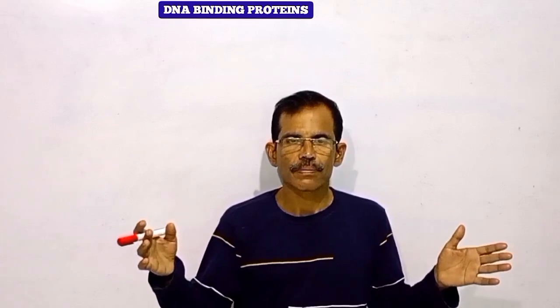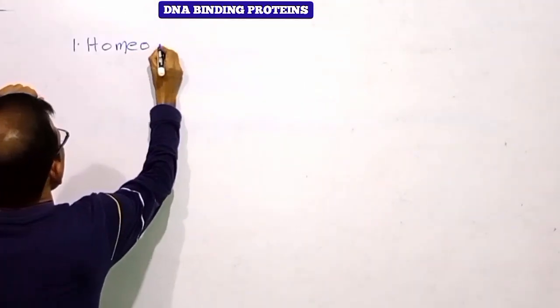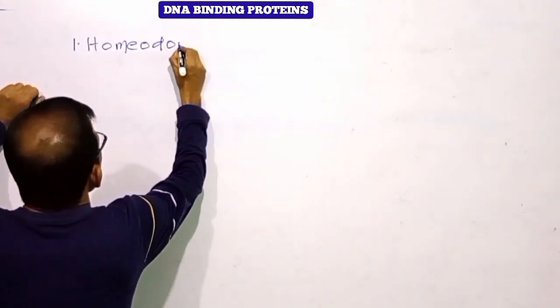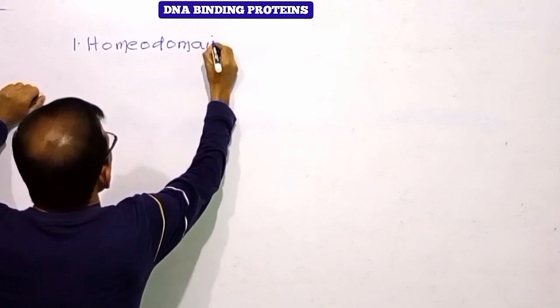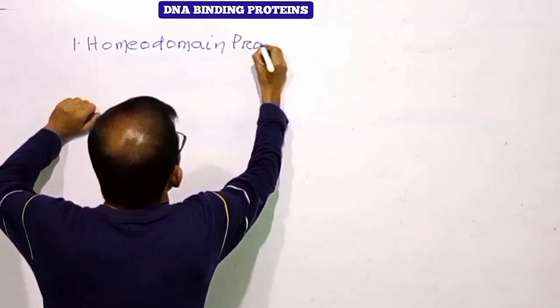There are different types of DNA binding proteins. First one is homeodomain proteins.